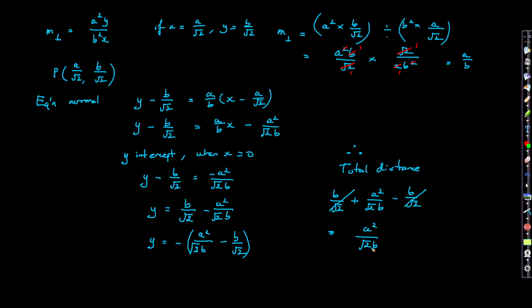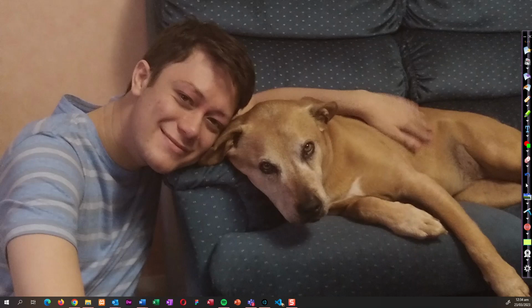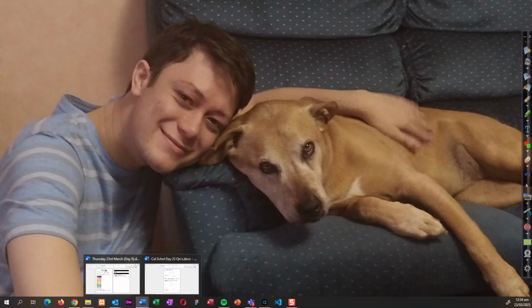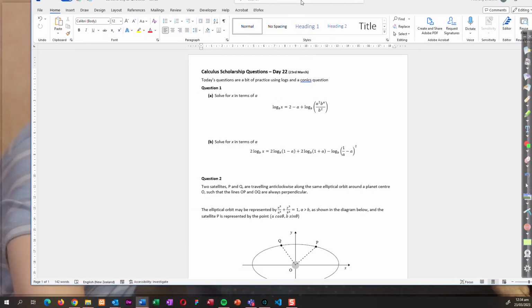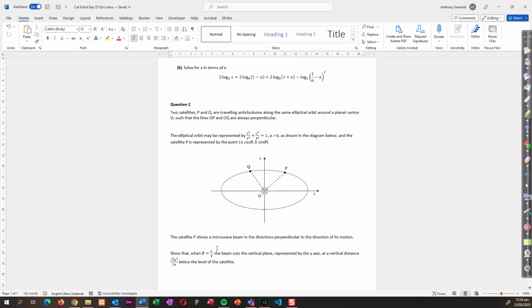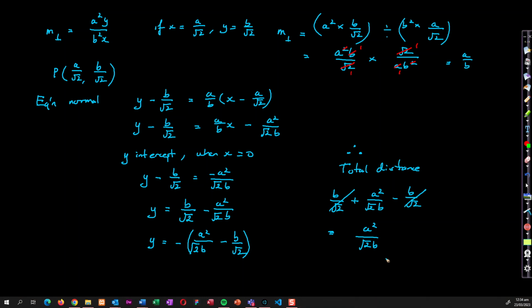Now if you go back to the question, if I can get that question up here, bring that over. We're asked to show that we've got root 2a squared over 2b. Now, what did I end up with? Something slightly different.